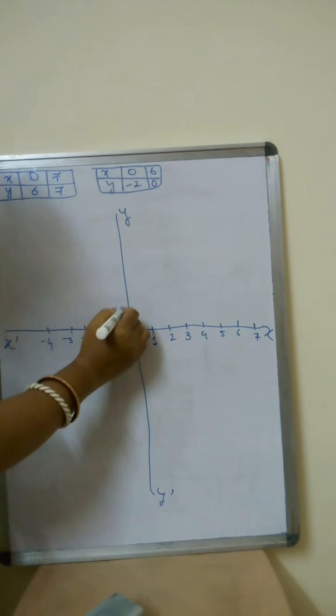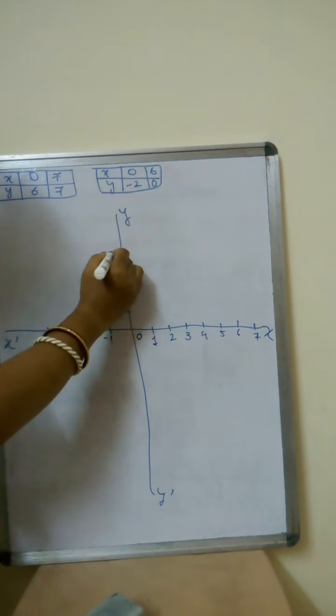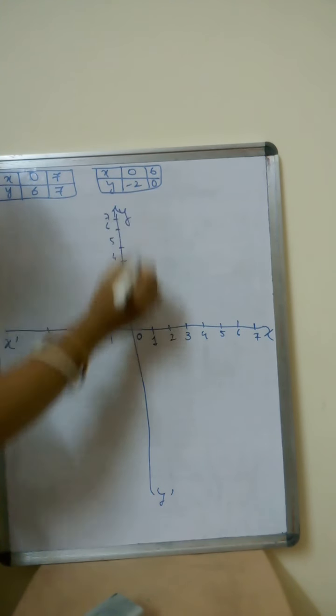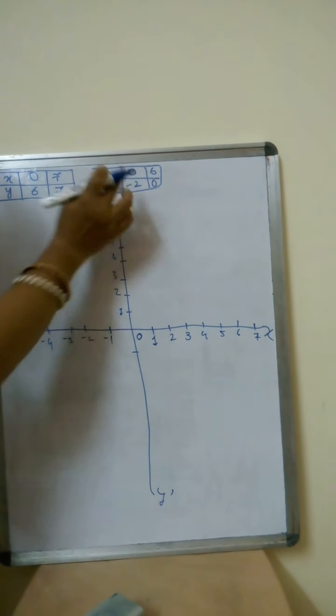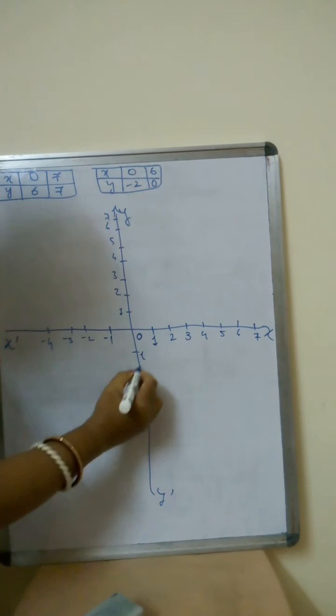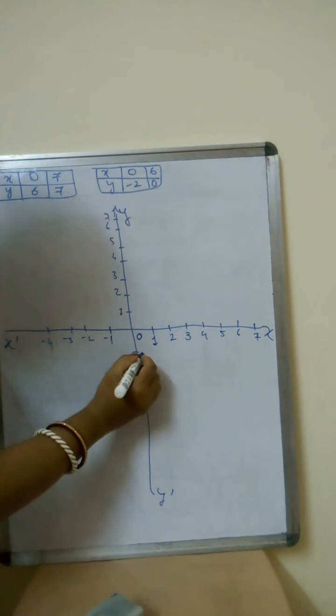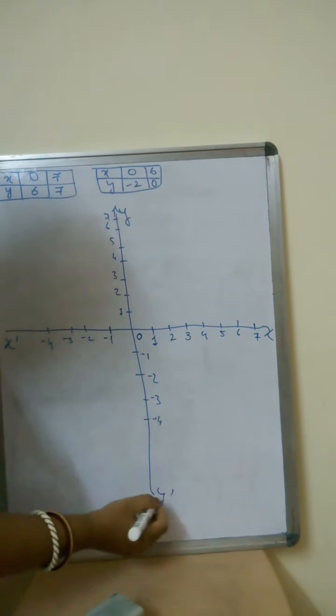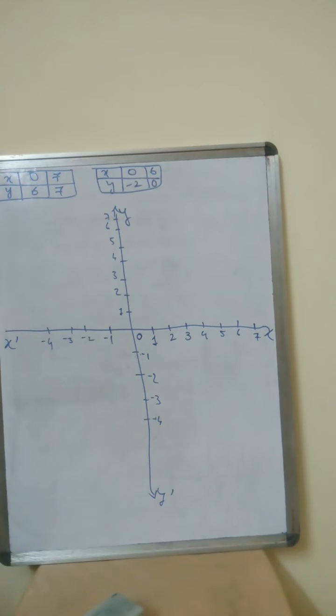On the y-axis, 1, 2, 3, 4, 5, 6, 7. Here I have till minus 2, so minus 1, minus 2, minus 3, minus 4.